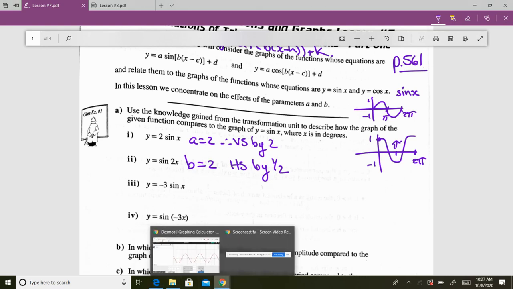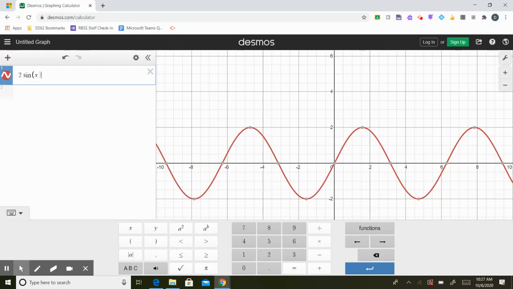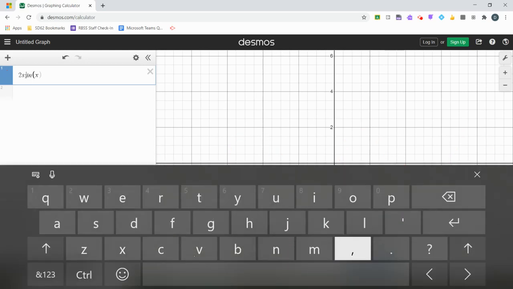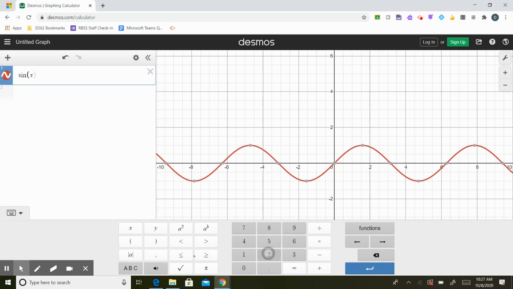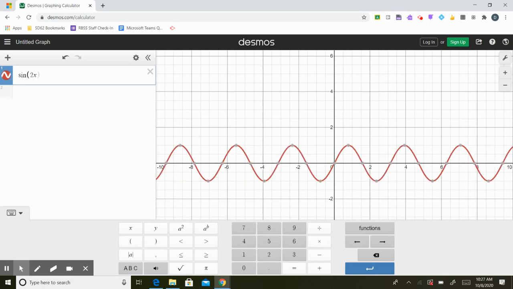So if we go back to Desmos here, and I erase, delete, I put a 2 there. It shrinks it.